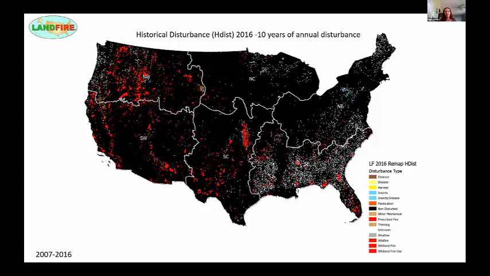The white areas are unknown, and those tend to be mechanical removal, maybe in the Southeast, where there's a lot of timber industry, and then you can see a lot of fire in the West, obviously. For LANDFIRE 2020, our historical disturbance layer will encompass the years 2011 through 2020.